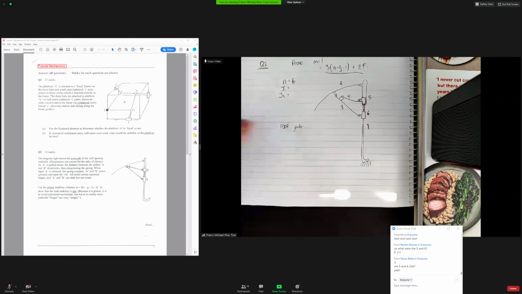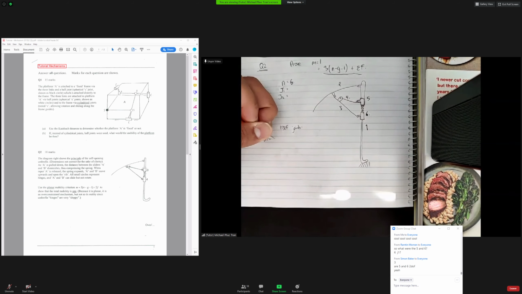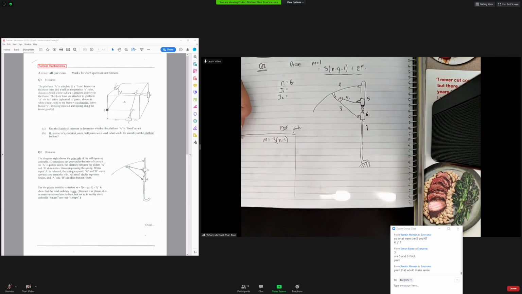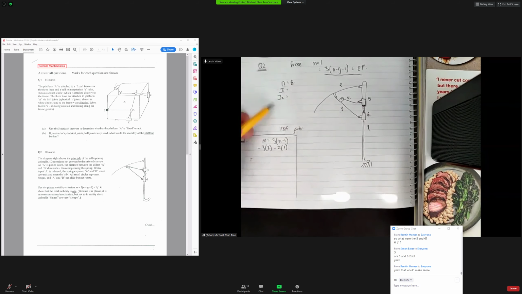All right, let's give that a go then. So if your formula is M equals 3n minus, what did you say, 3 times 2 minus 2 times 1, where n is equal to 6. We both agreed that n is 6.